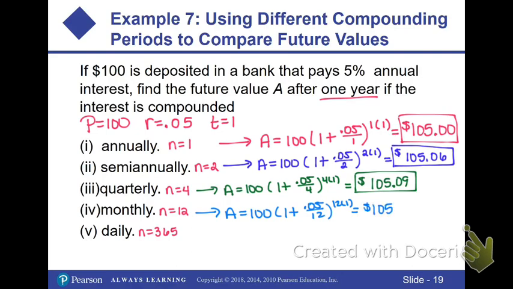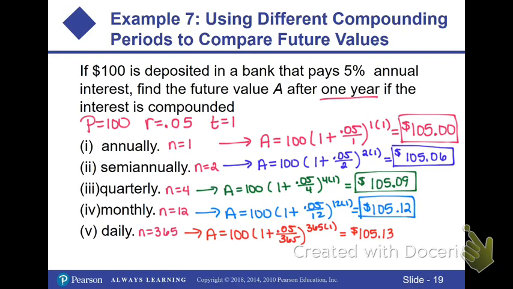I got 105.12. And I can plug in the 365. Of course, and then I got 105.13.